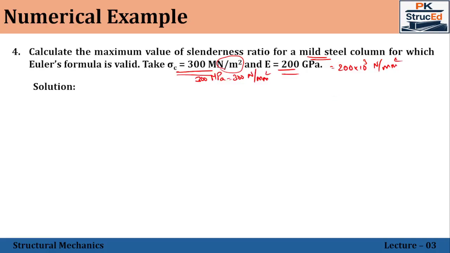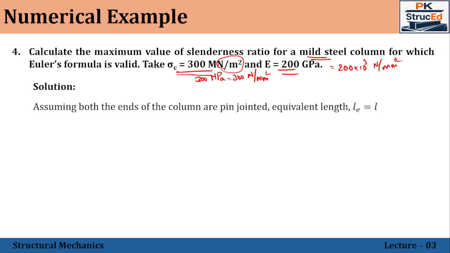Now here the conceptual basics is, assuming that both the ends of the column are pinned, the equivalent length will be equal to the unsupported length.